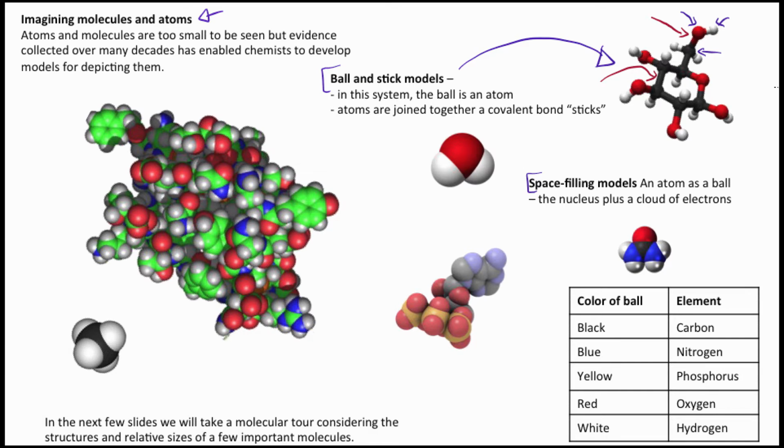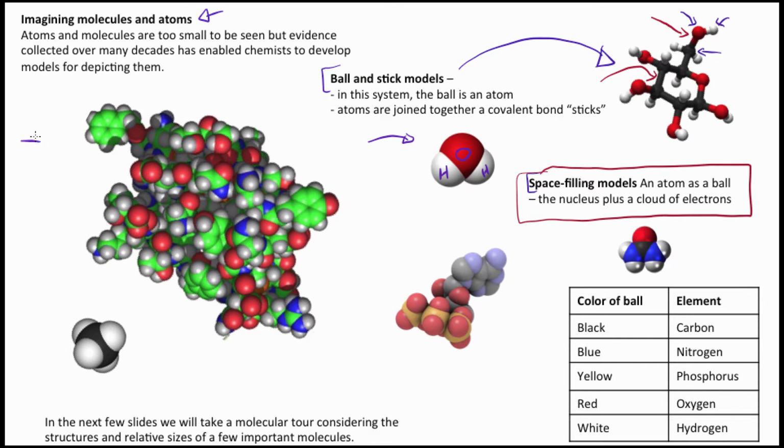So the more common models that I'm going to show you today are the ones that are called space-filling models, where instead of trying to show the covalent bonds that hold all these molecules together, they've settled for showing you what the overall model looks like. I know you know that one because you've seen it enough. Red is typically oxygen, and white is typically hydrogen.